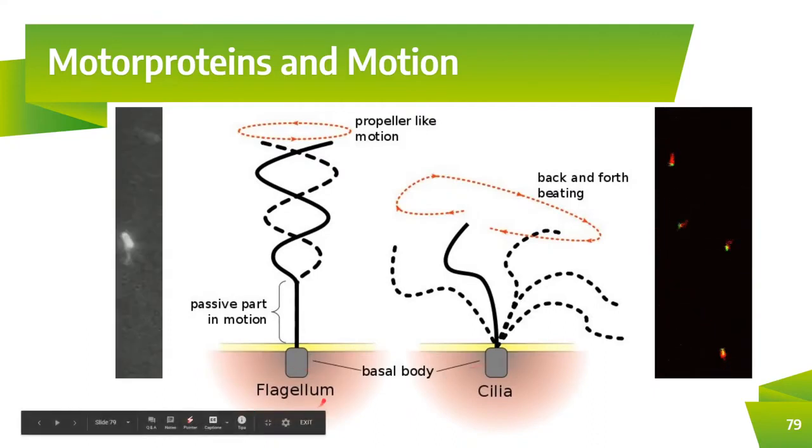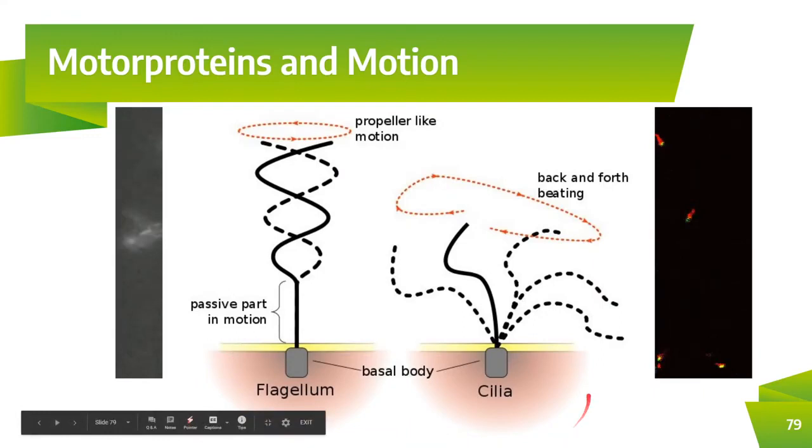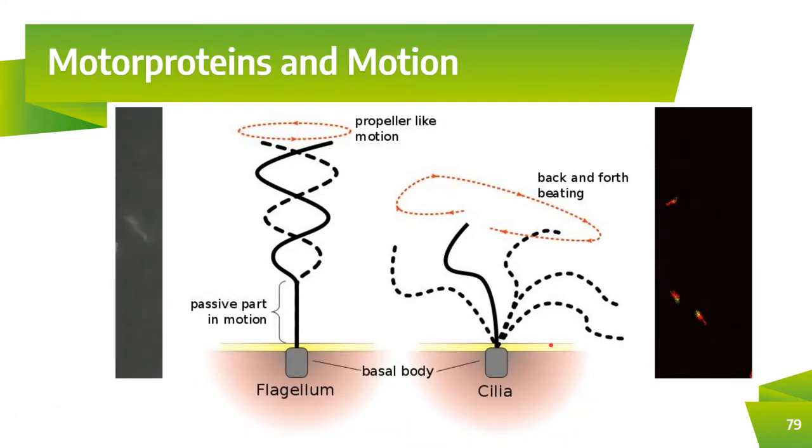And the flagellum is a longer structure, and there's usually only one of it, or at least a smaller number of them on a single cell. There are some structural and functional differences, and I think at the end of this or next workshop you will know what exactly the functional difference is between those two.